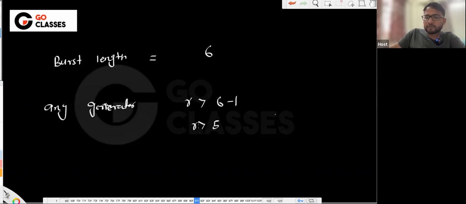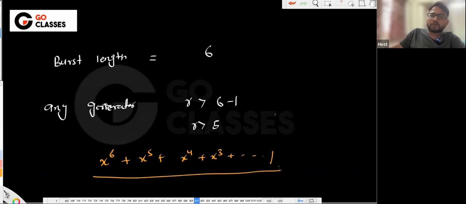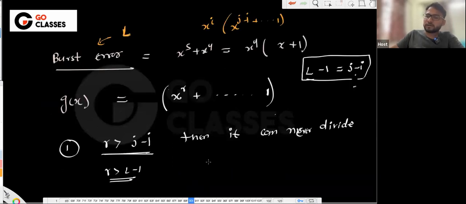Any generator having R greater than 5, which means x power 6 plus x power 5 plus x power 4 plus x cube till 1, any generator of this form will be able to detect all the burst errors of length 6. Basically, R in the generator should be greater than this 5. Then you can detect. This is the first condition.